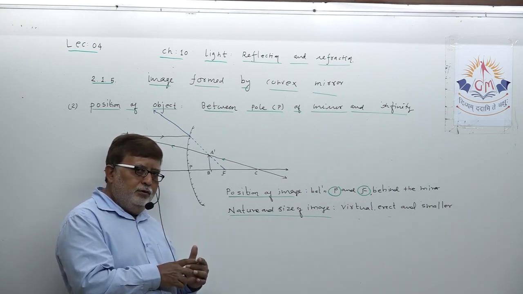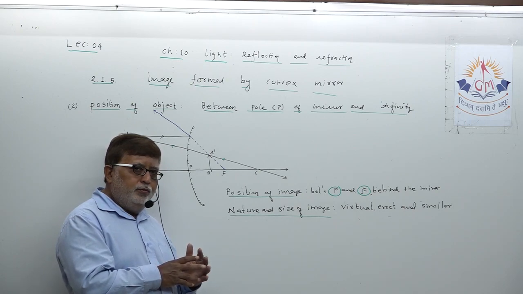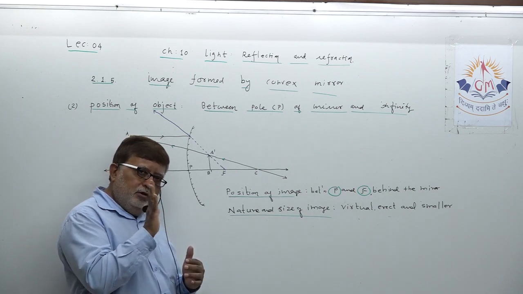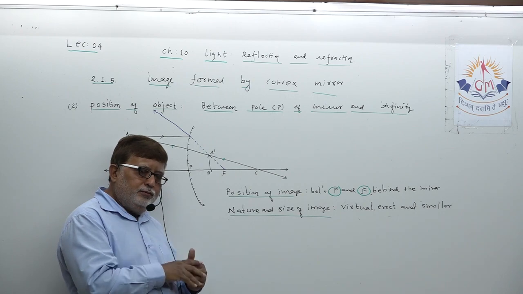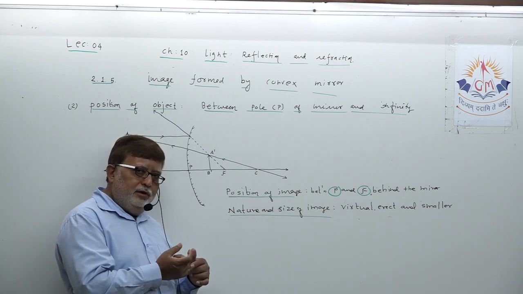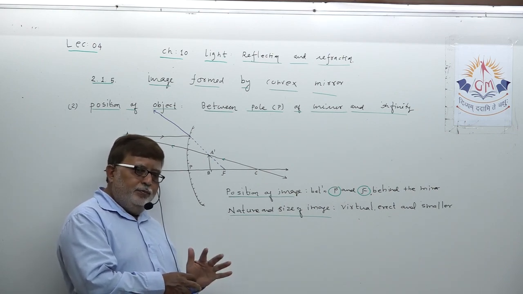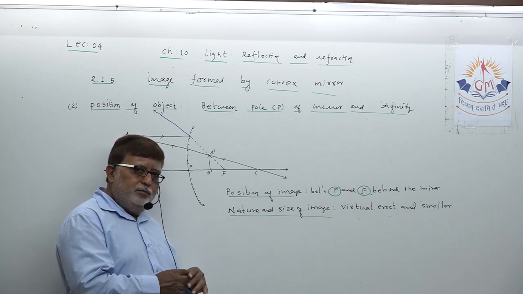The image, you all know, was virtual, erect and point size, highly diminished. Then you brought the object nearer, between infinity and pole, and you got the image; it grew a little larger, virtual, erect and smaller. No doubt, compared to the object it is smaller, but compared to the first image, it is bigger.